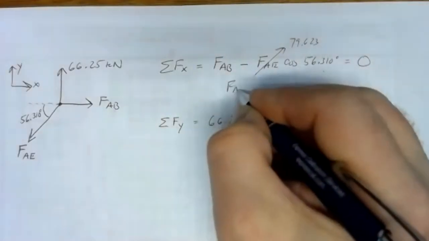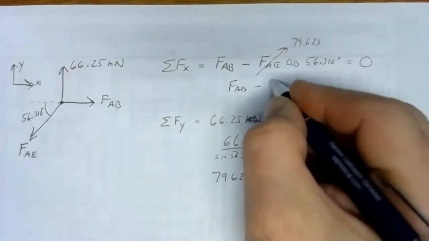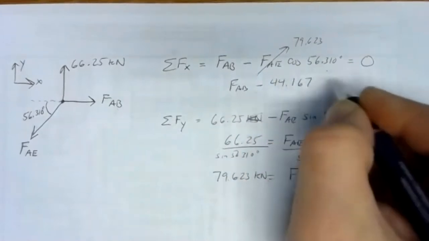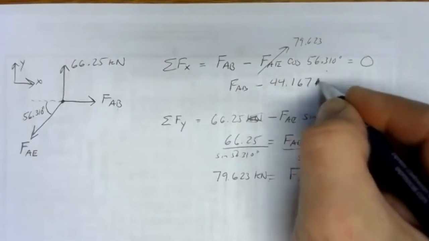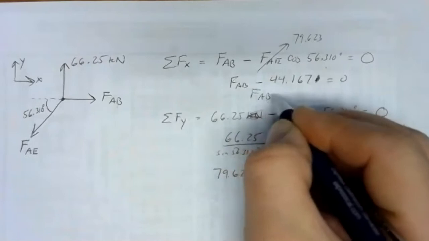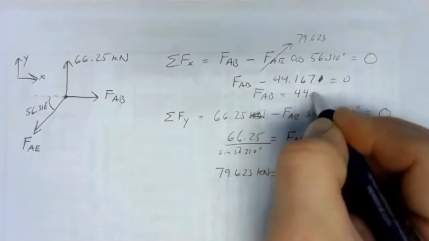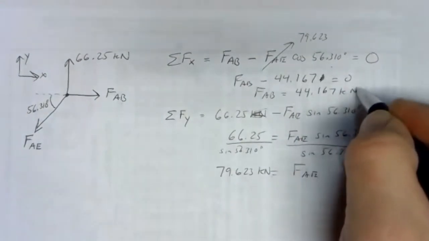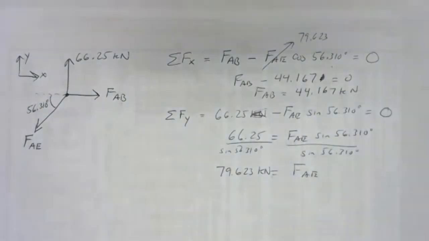So we have FAB minus 44.167, and that equals 0. So FAB equals 44.167 kilonewtons. Also came out positive, so we know our directions are correct. So we've got our values for how much load is carried by member AE and member AB.